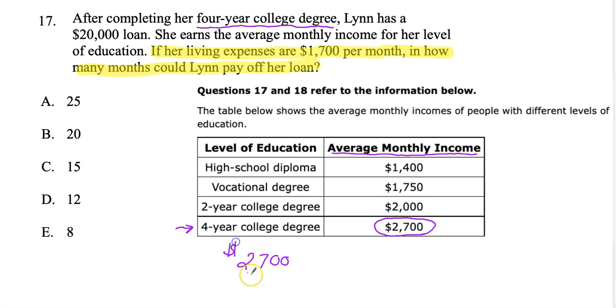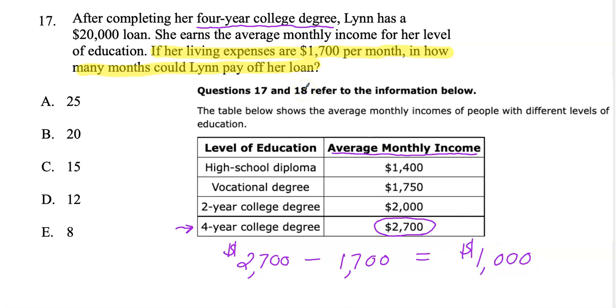What are her expenses? Her living expenses are $1,700. So we're going to have to subtract $1,700 from the amount of money she makes. So $2,700 minus $1,700 leaves her with $1,000. And she can use this $1,000 to pay off her loan.